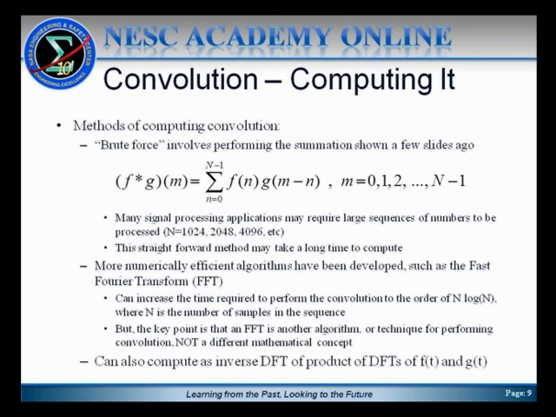So if you have a large number like 4096 points, it can decrease the amount of time required to 4096 times the natural log of 4096. So it's a huge savings in efficiency compared to just doing the summation as shown above.